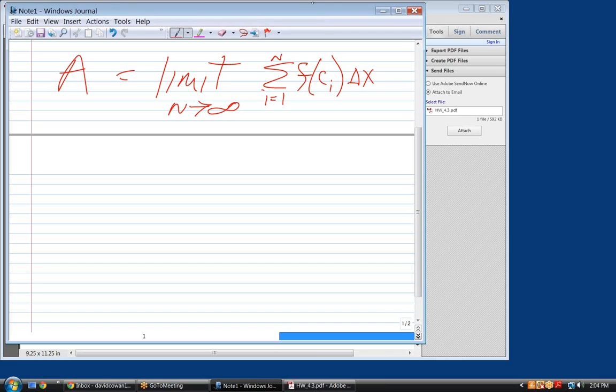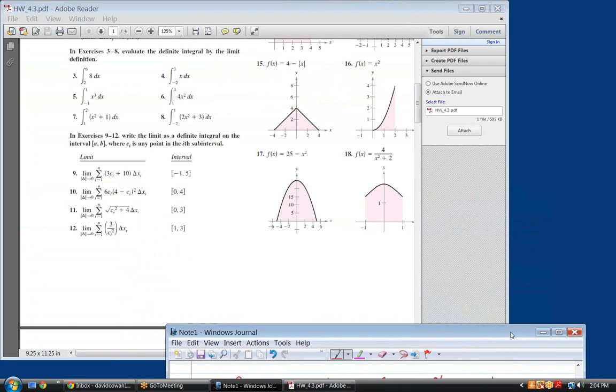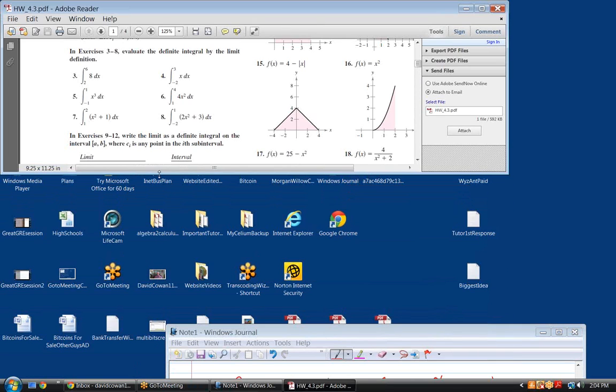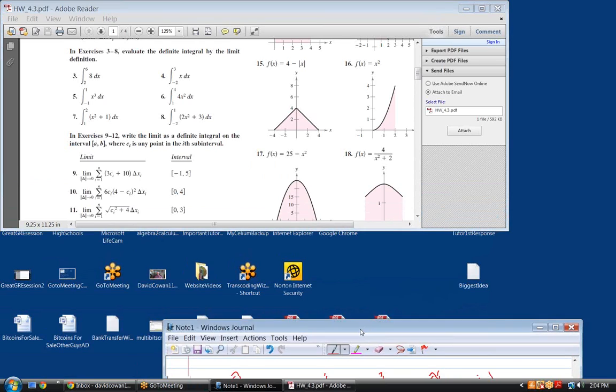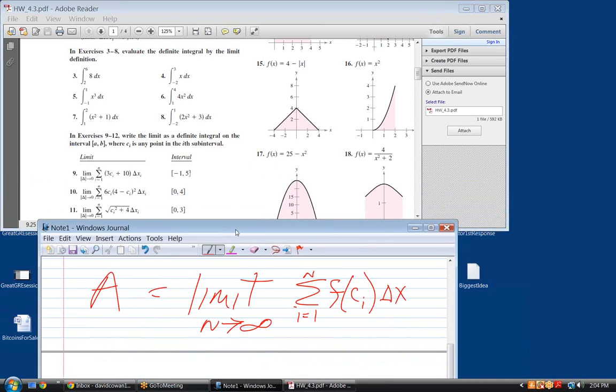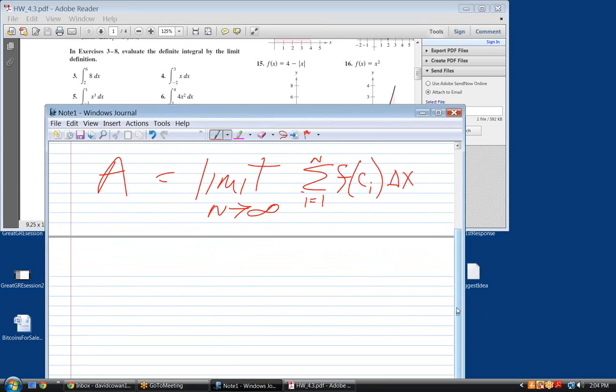So let's talk about how we use it. I'm going to guess that this gave you more trouble than anything else on this material. Yeah, it looks very confusing. Me too, to be honest.